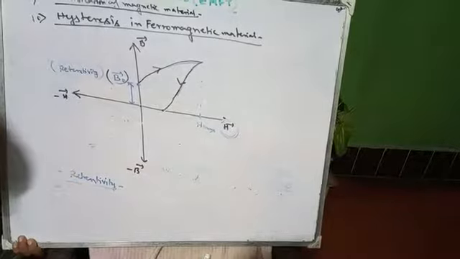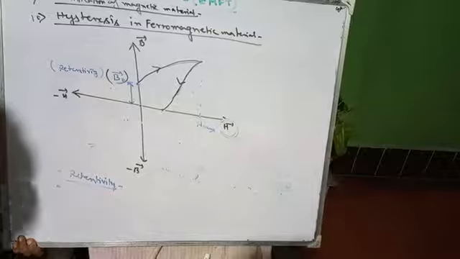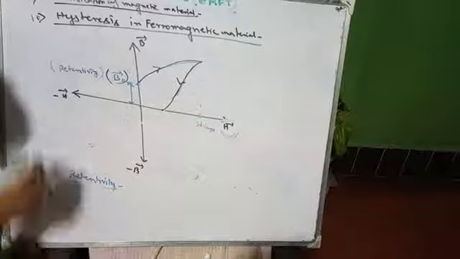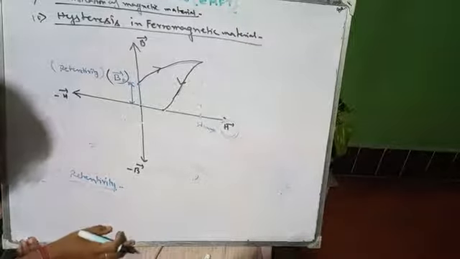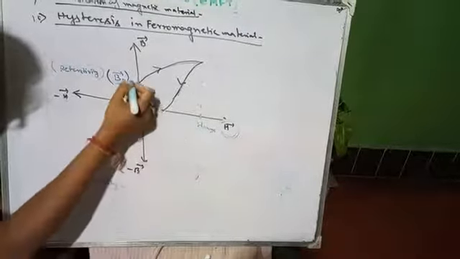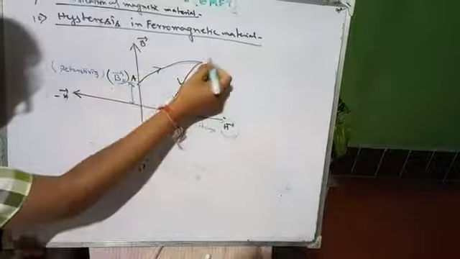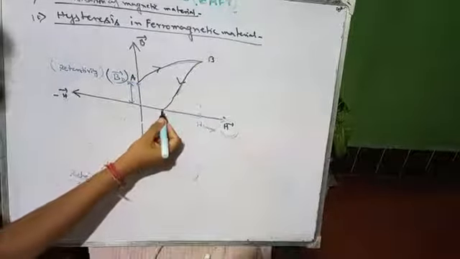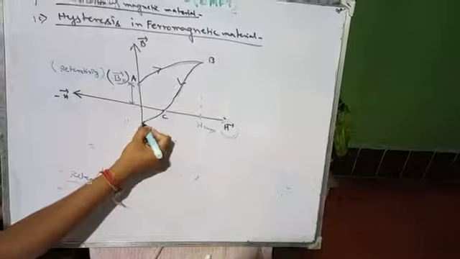This point is called your... suppose this goes from A to B, B to C. In order to make it 0, you have to apply another field.